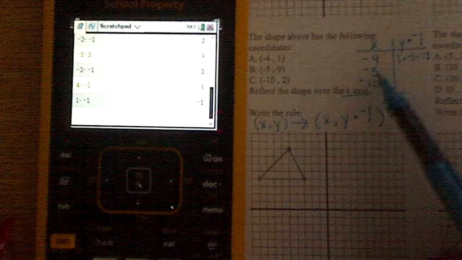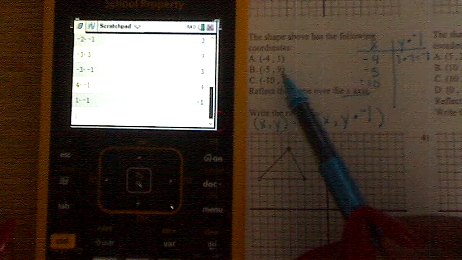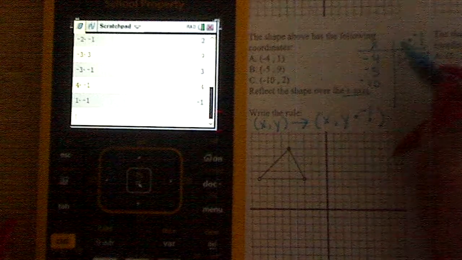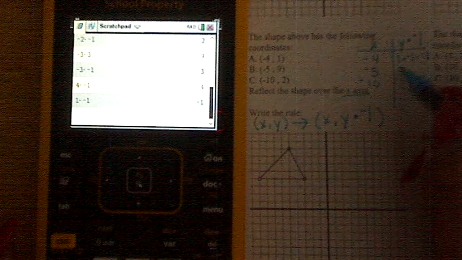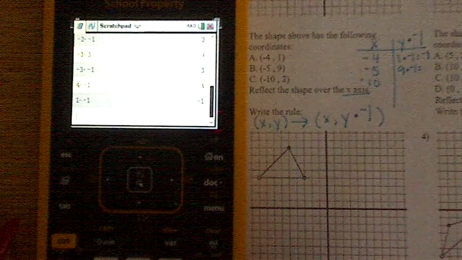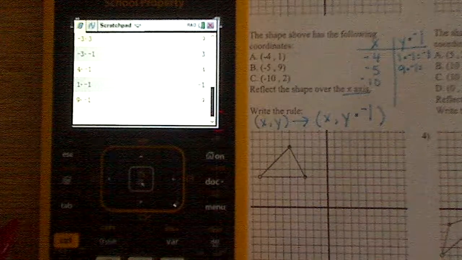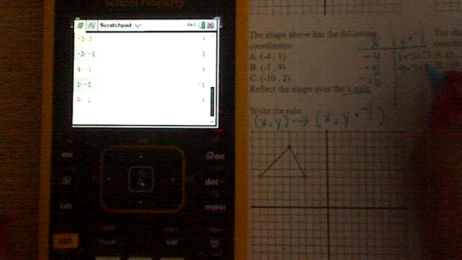Next, where my x is -5, what is my y value? 9. So, I'll have 9 times -1. Put that in your calculator. 9 times -1 is -9. Thank you for participating.